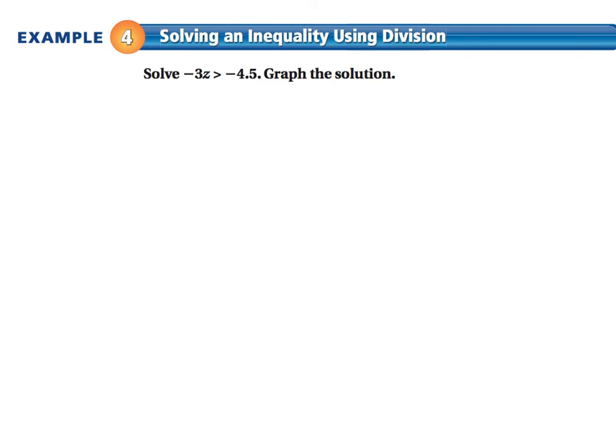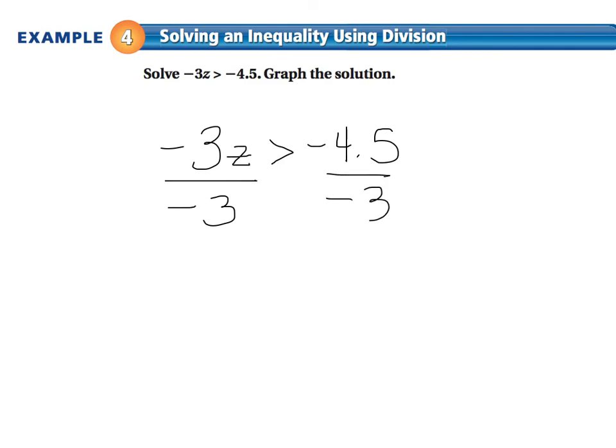Example number 4. Negative 3z is greater than negative 4.5. I would divide both sides by negative 3. That would give me z and positive 1.5.